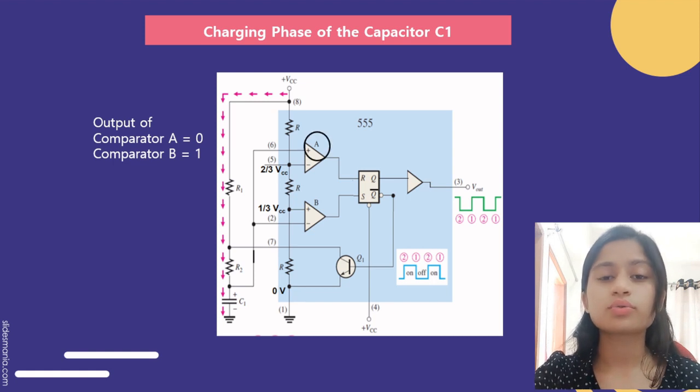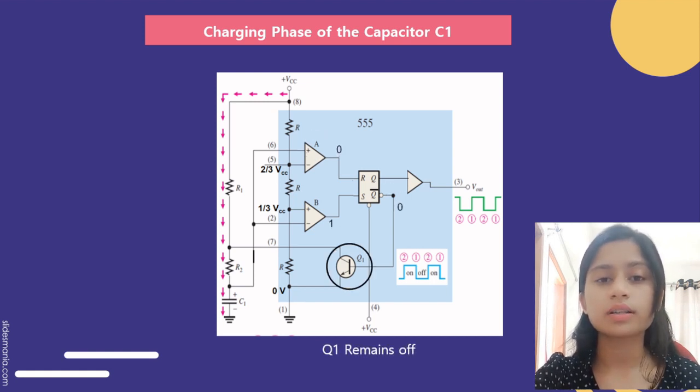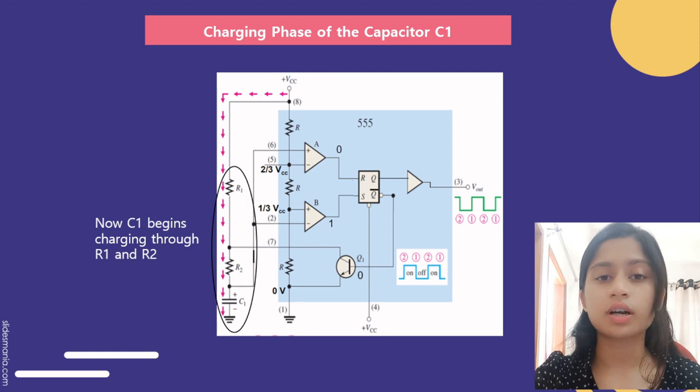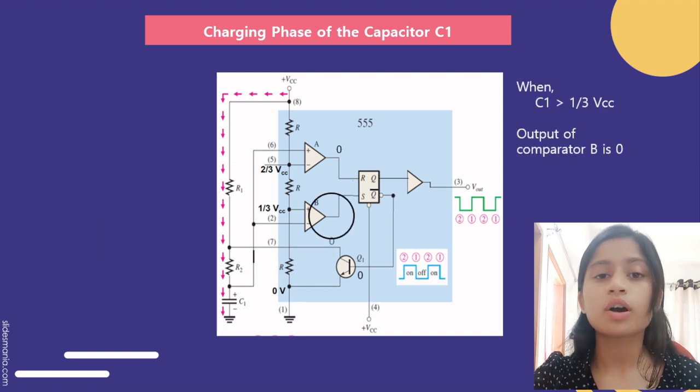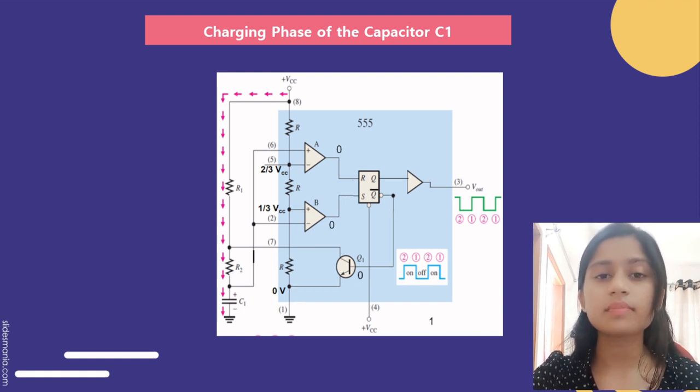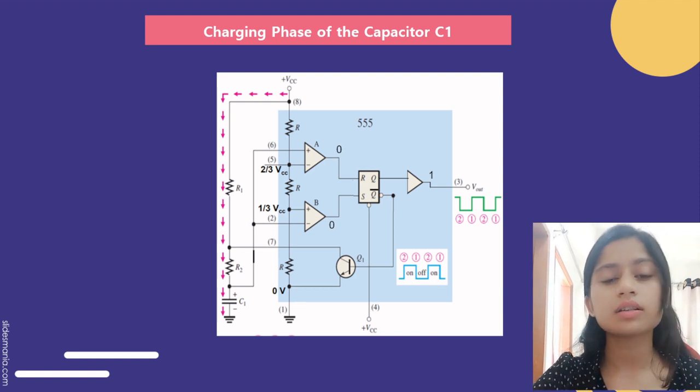C1 begins to charge through R1 and R2. When C1 charges just below 1/3 VCC, the comparator B will give us output 1 and A will give us output 0, and the flip-flop is going to be set and the transistor is still off.